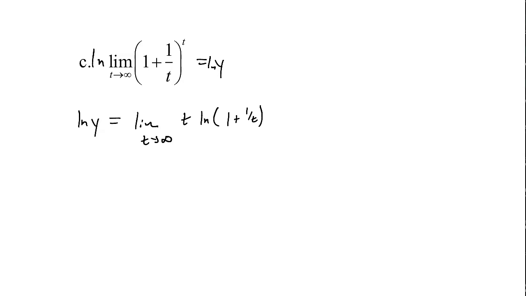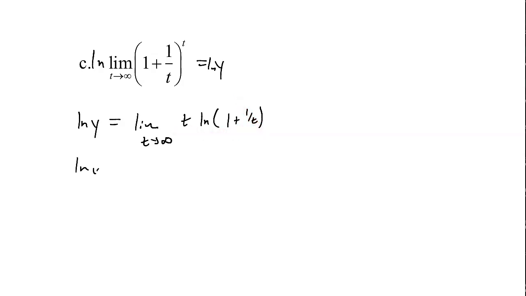By exponent rules and logarithms, if I have a t exponent up there, I can take it and move it to the front. So that makes this much easier to work with, because now this is still indeterminate form. It would be infinity times 0, because ln of 1 is 0. So that's indeterminate.